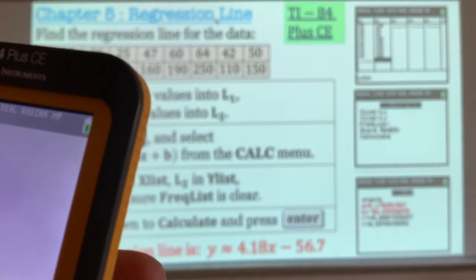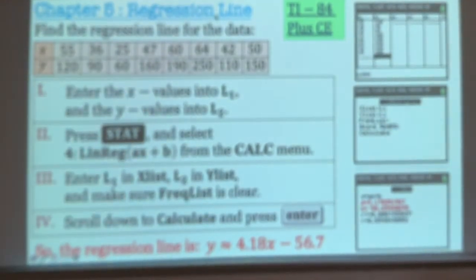Oh, I lost it. I'll get back to it. You have to go back into, you have to turn on your regression line. You do that with catalog. I can't find catalog right now. It's in there somewhere.